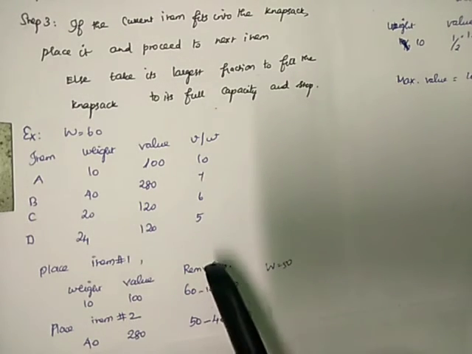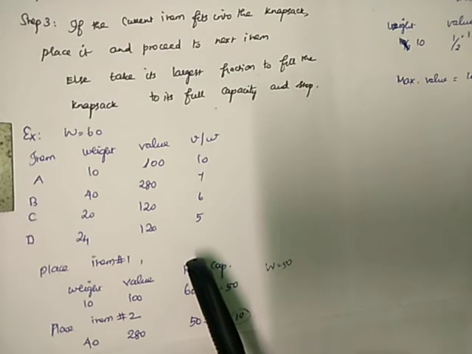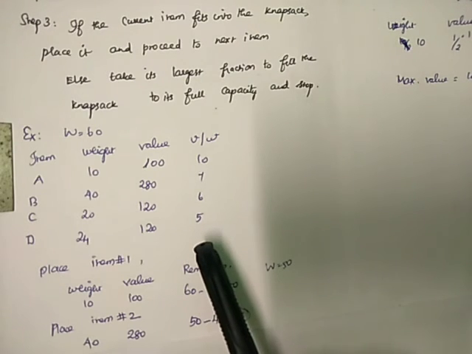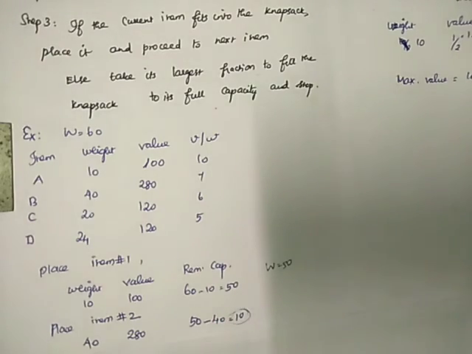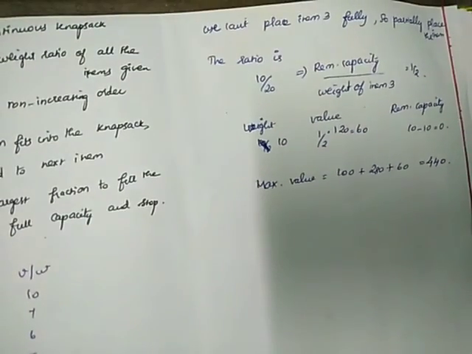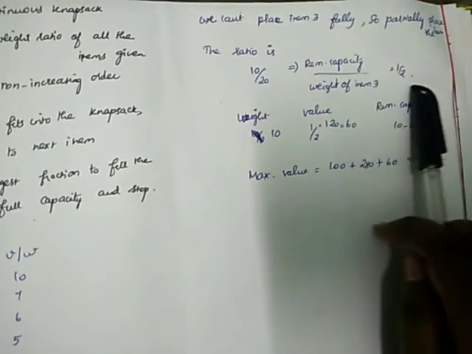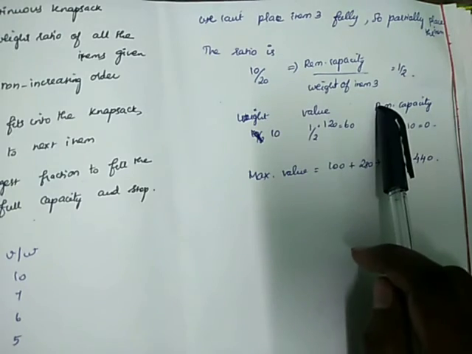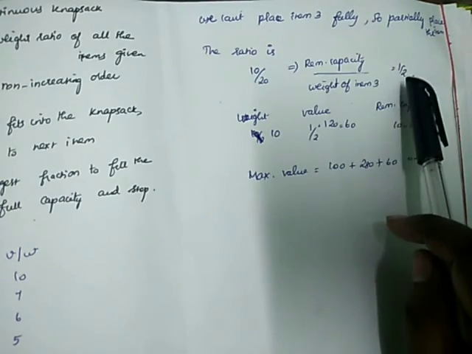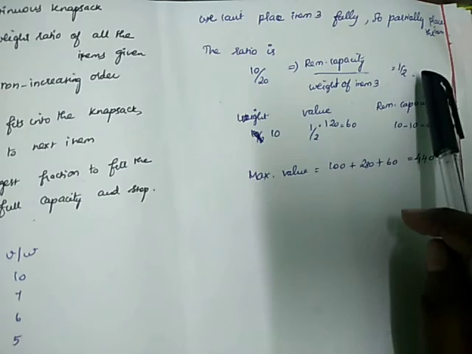It is not logical, but we can predict the maximum value of the knapsack here. If partial item 3 is taken into the knapsack, how much of item 3 can be taken? The ratio is calculated as remaining capacity divided by weight of item 3. The remaining capacity is 10 kg divided by 20, which is 1 by 2.